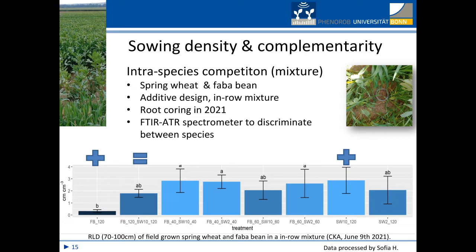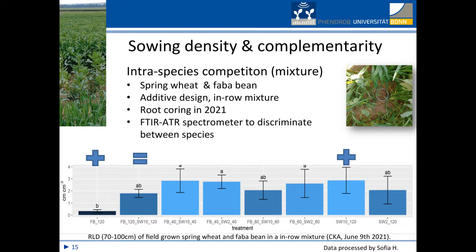There was also a treatment where we just added up the same treatments. That means we had the same amount of faba bean plus the same amount of spring wheat. This is the treatment that is presented in the second left bar. As you can see, the root length density in the mixture is between the one of only faba bean and only spring wheat. It doesn't sum up.